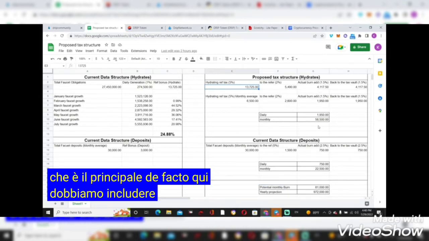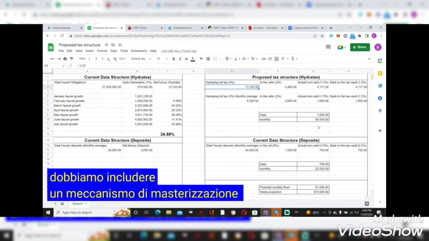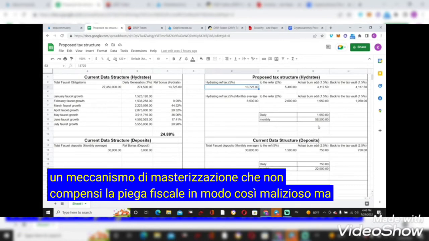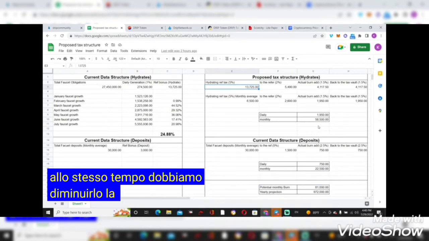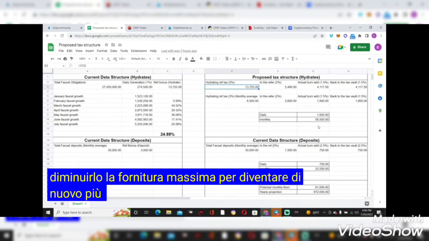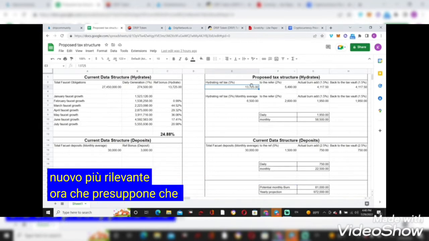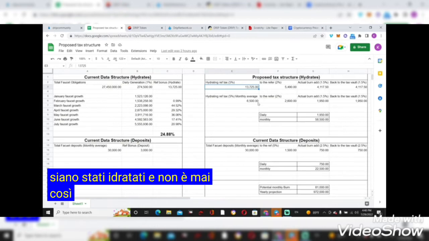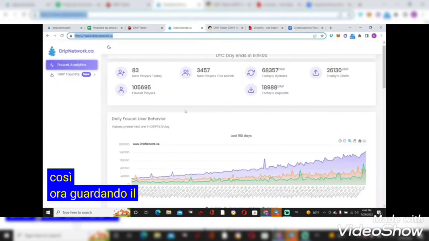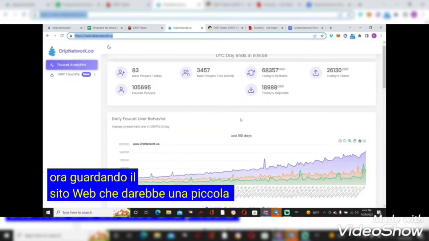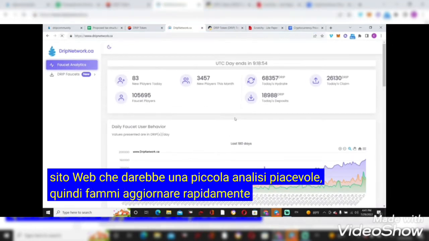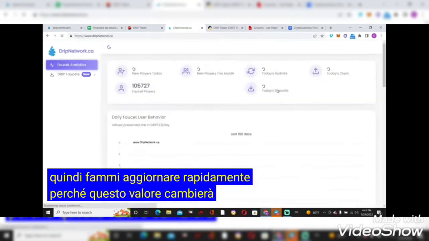We need to include a burning mechanism that would not offset the tax vault so maliciously, but at the same time we need to decrease that maximum supply to become more relevant again. Now that's assuming all of the tokens have been hydrated, and that's never the case. Now looking at this website that gives a nice small analytics, let me refresh quickly because this value will be changing.